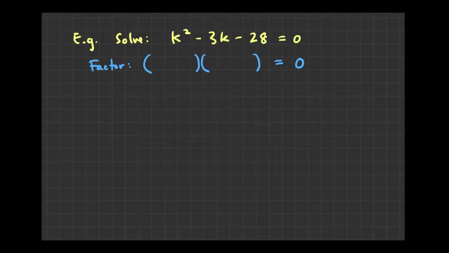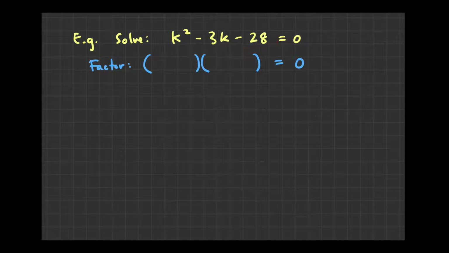So I am looking for two numbers whose product is negative 28. I really need to make sure that I include that negative. So if the product is negative 28, that means one of the factors must be positive and the other factor must be negative, right?